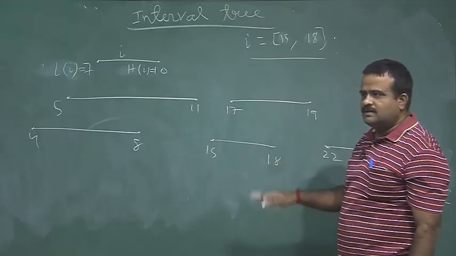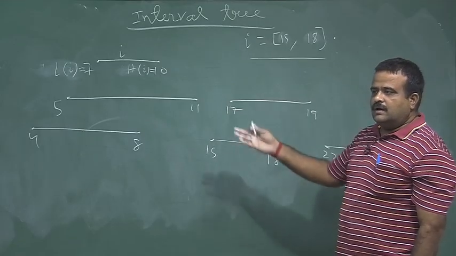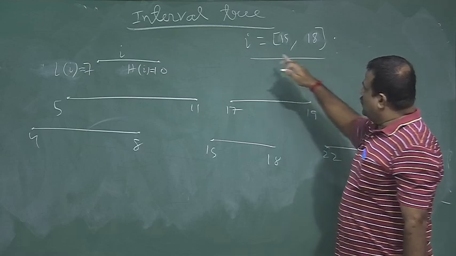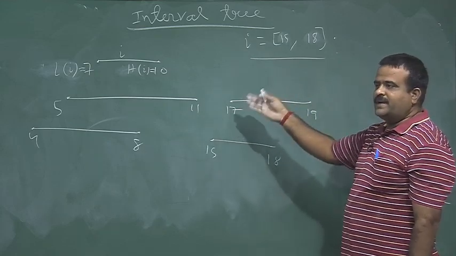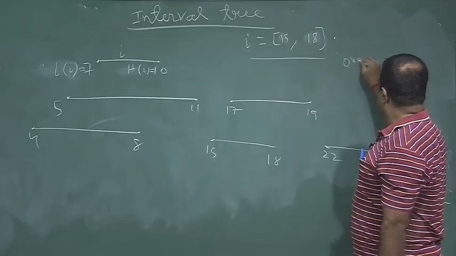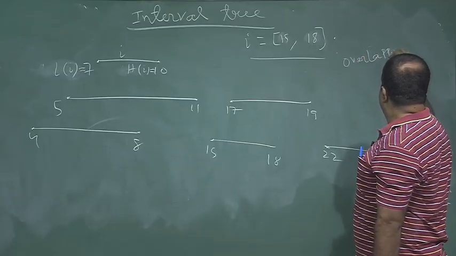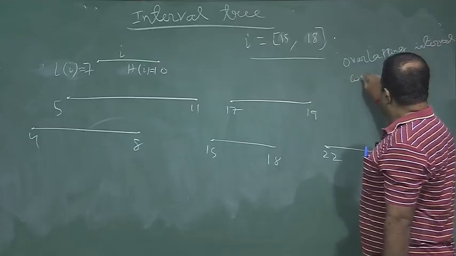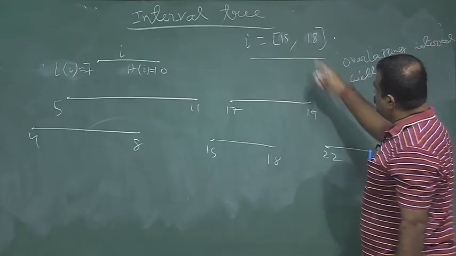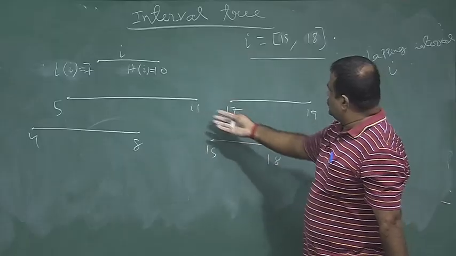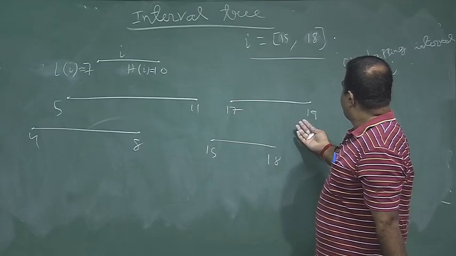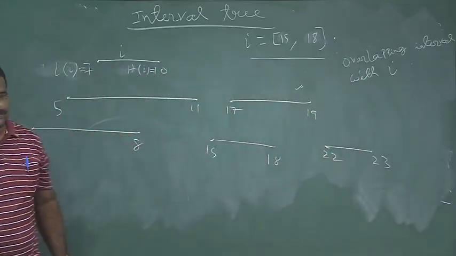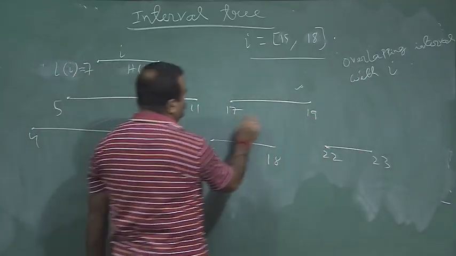These are the n intervals, and we have a given interval I, and we need to find an overlapping interval with I. So, who is overlapping? This 17 19 is overlapping, this is also one, we can report just one. So, this is the problem. We have to report this interval 17 19.